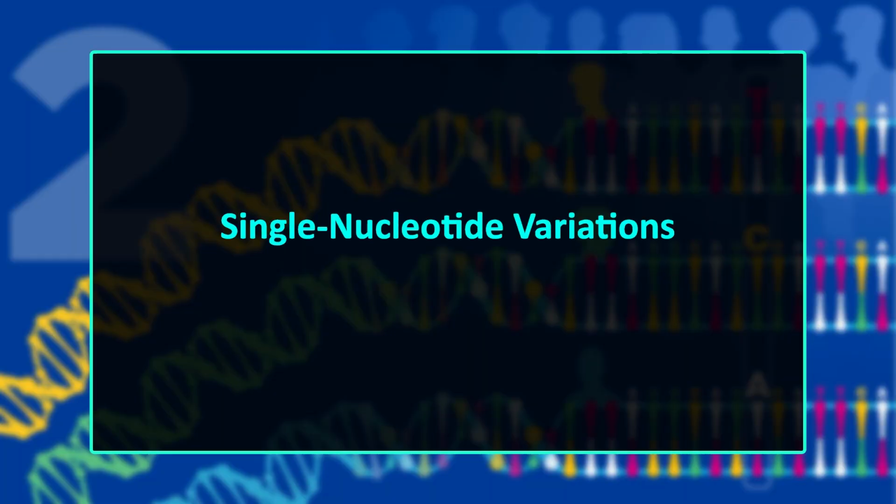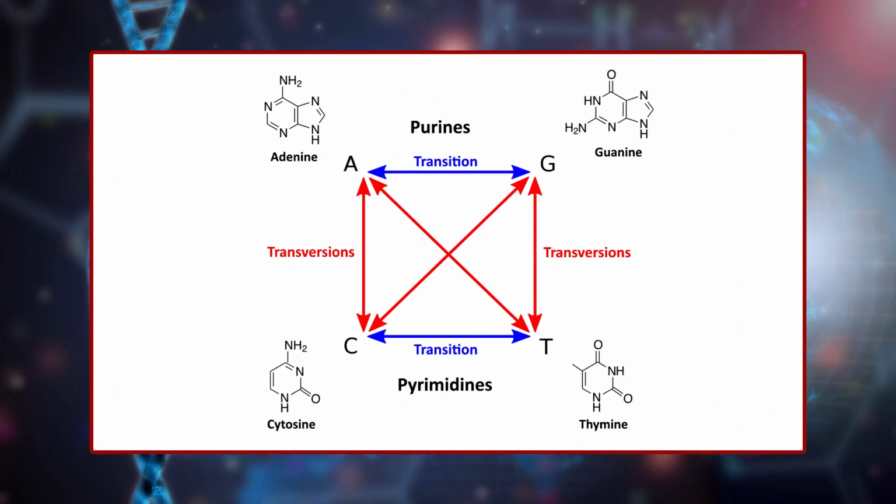Let us first discuss the single nucleotide variations or SNVs. SNVs are the most common type of all variations, where a nucleotide is replaced by another one. It may be either transition, that is purine to purine nitrogenous base, or pyrimidine to pyrimidine nitrogenous base, or transversion, where a purine is replaced by a pyrimidine, or vice versa.